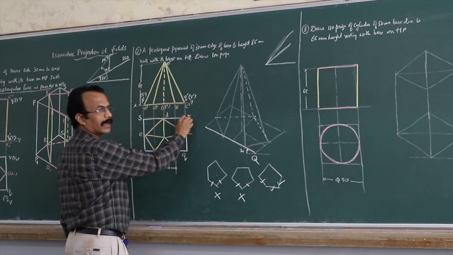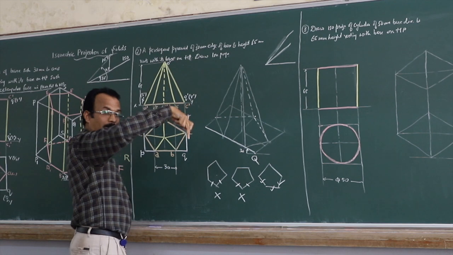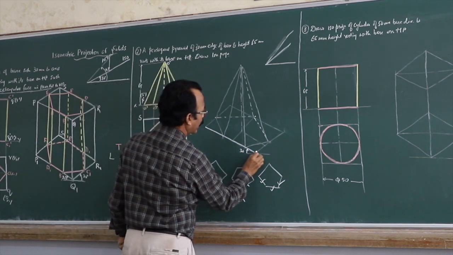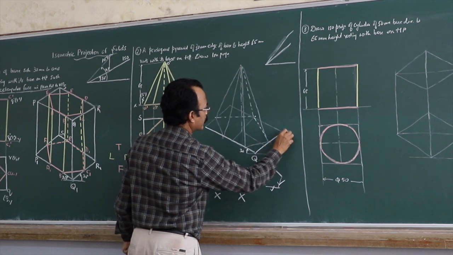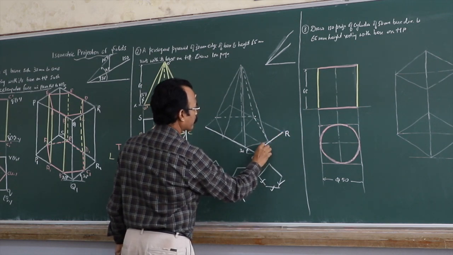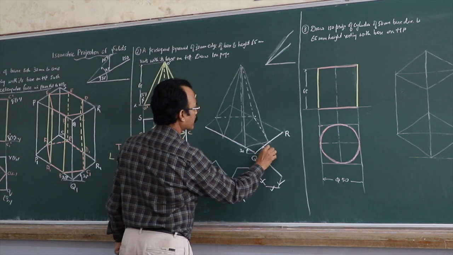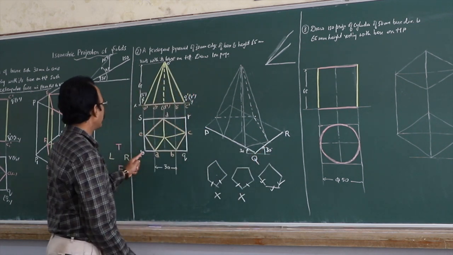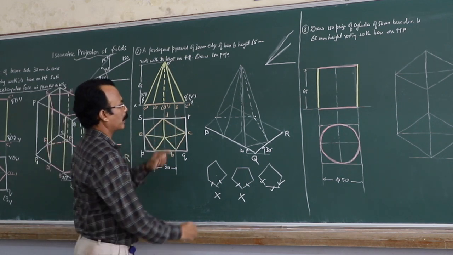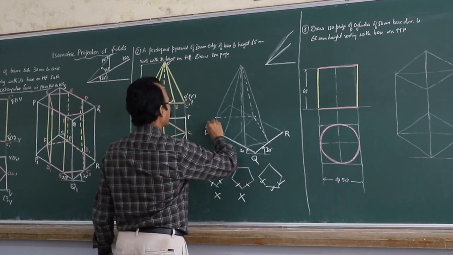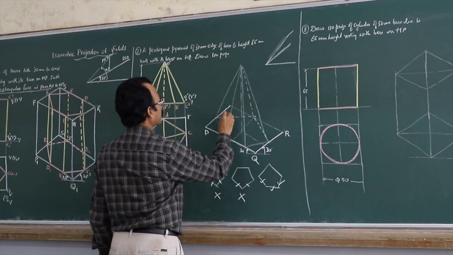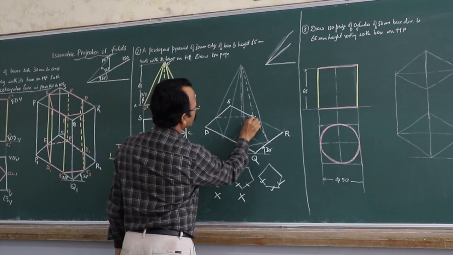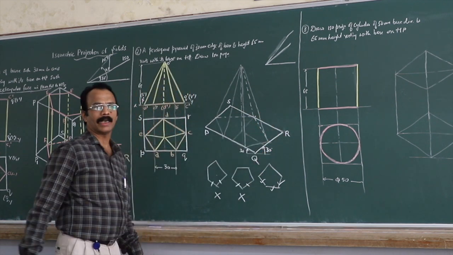Then QR is also horizontal, it is the top view, so take this QR and again draw it at 30 degrees, its isometric length. So this is your P. Then PS is parallel to QR. With the help of your drafter or your 30-60 set square, you can mark the S there. Once you get S, you can mark this R there.